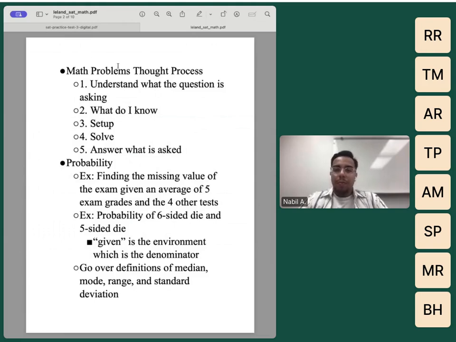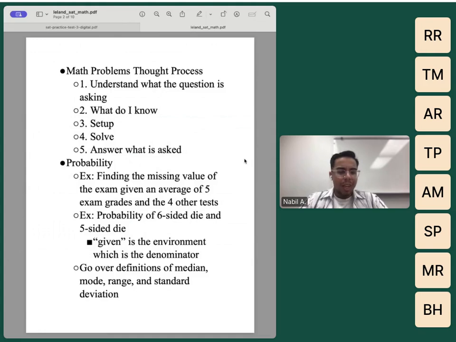With the SAT math, first I want you to understand the thought process that you should implement when dealing with it. There's a 5-step strategy that I recommend to all my students.